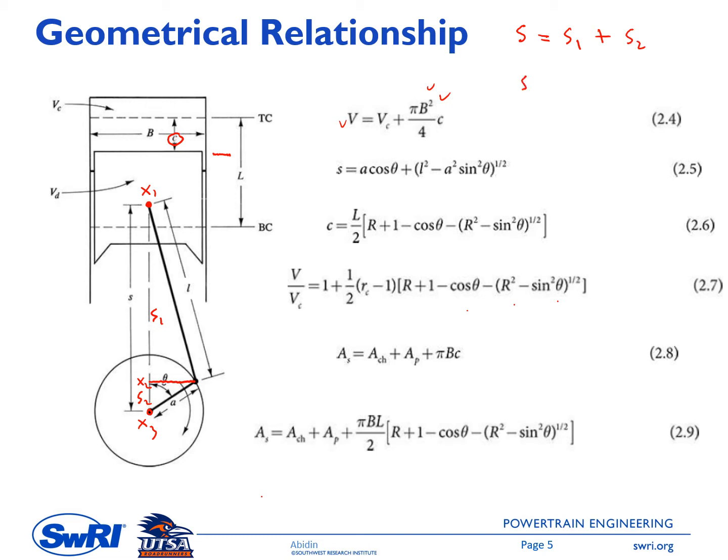So I know that s2 equals to a cos theta. So once again, theta is the crank angle. And then for s1, you can use the Pythagorean theorem.